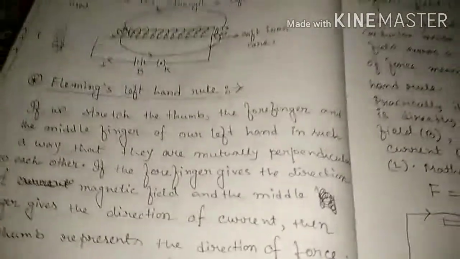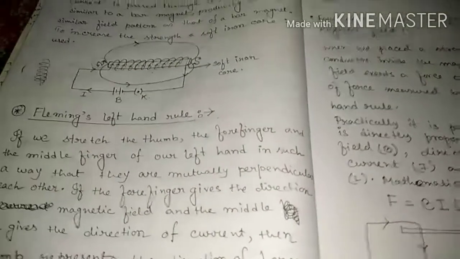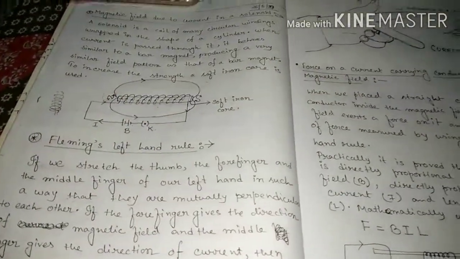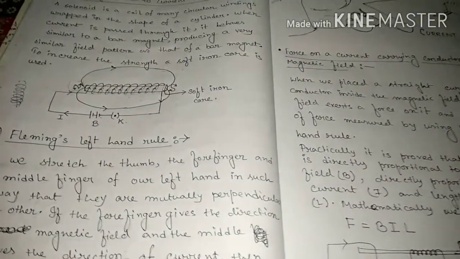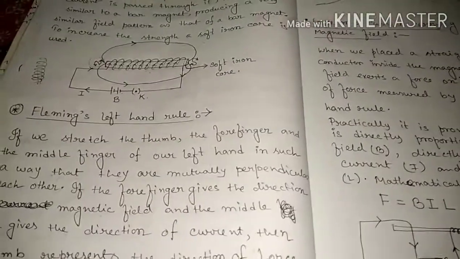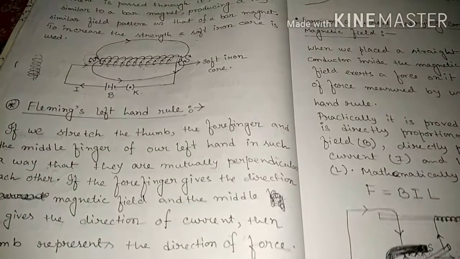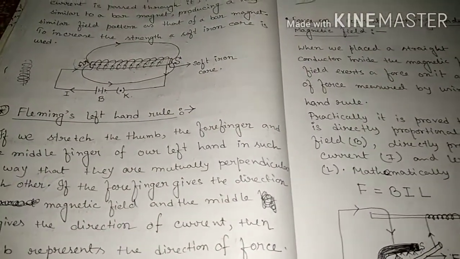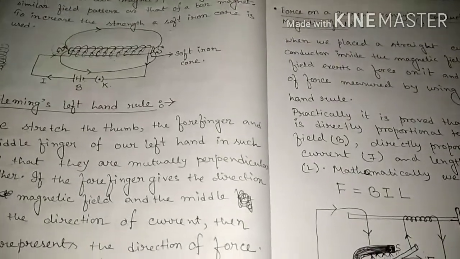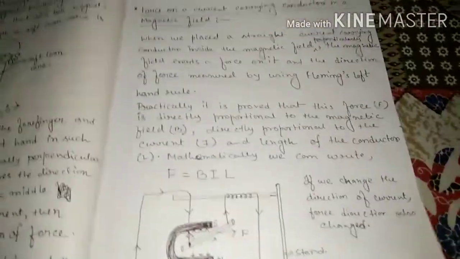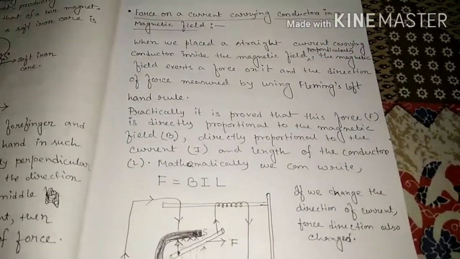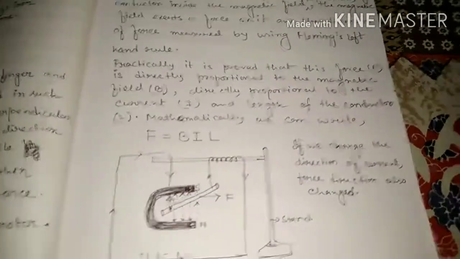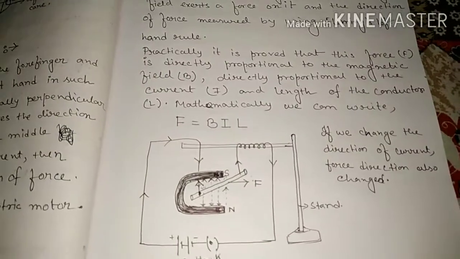If the thumb, forefinger and middle finger of our left hand are stretched mutually perpendicular to each other, and if the forefinger represents the magnetic field and the middle finger represents the direction of current, then the thumb gives us the direction of force. This is one practical example of a force exerted by the magnetic field on a conductor when it is placed inside the magnetic field perpendicularly.